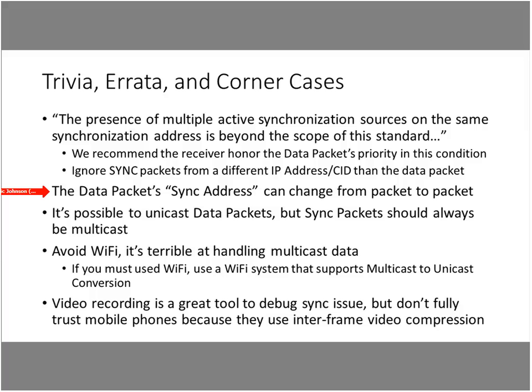So in E1.31, it's primarily built around multicast, but you are able to unicast. If you have tons of universes going point to point, or you want to do some more configuration, you can unicast. The standard doesn't explicitly say this, but sync packets always have to be multicast. It makes no sense to unicast a sync packet.